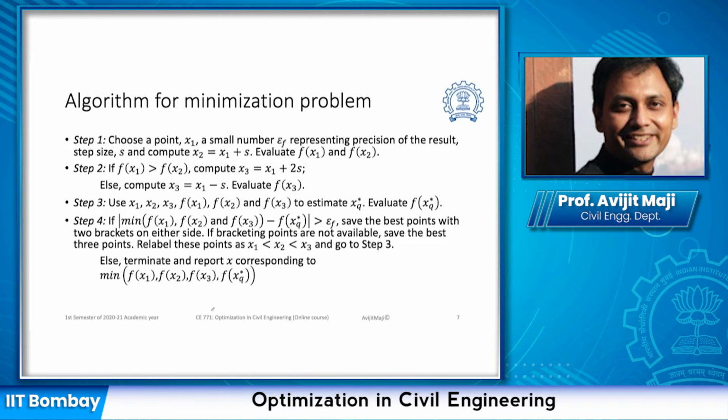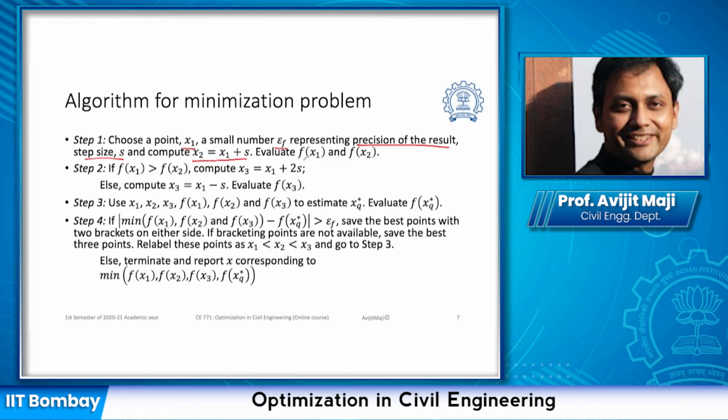In this particular method, in the first step, we need to choose a point from where we want to start. We also need to select a very small number which represents the precision of the result we want to achieve. We need to select a step size s and then find out the second point using that step size.